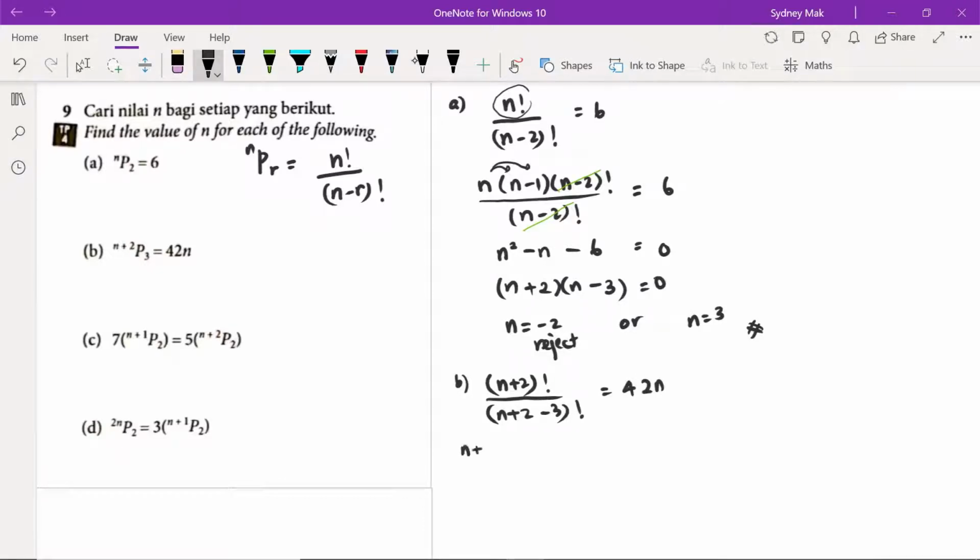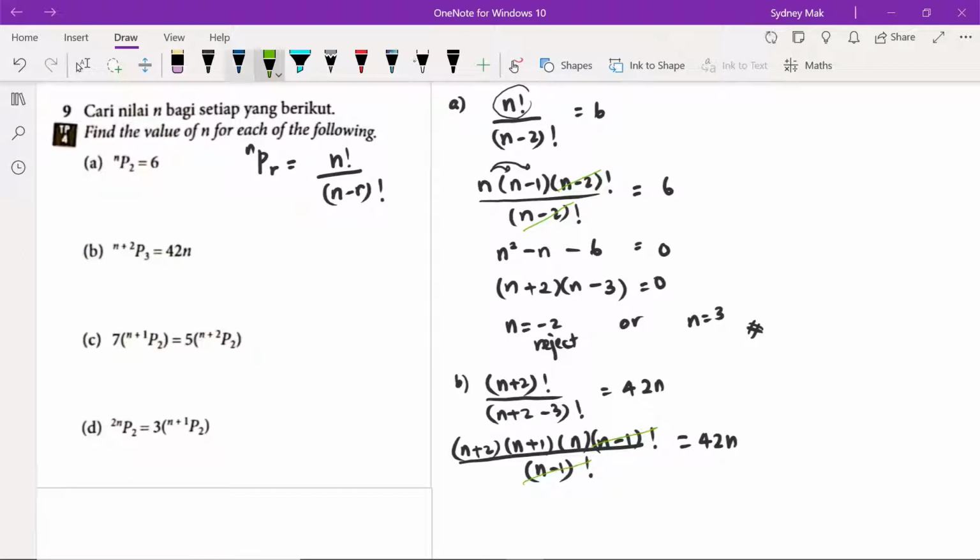We have n plus 2, and then the term minus 1, so we have n plus 1, and then continue n, and then n minus 1 factorial, because at the denominator, we have n plus 2 minus 3, that is n minus 1 factorial. So equivalent to 42n. Let's simplify the n minus 1 factorial away.